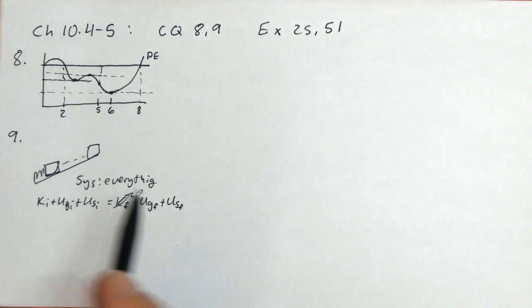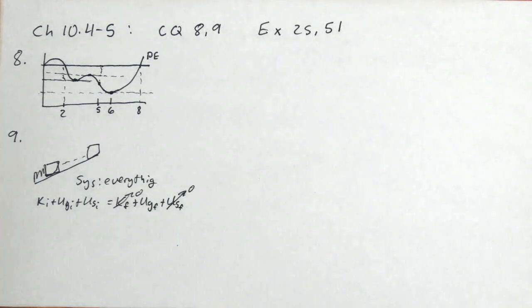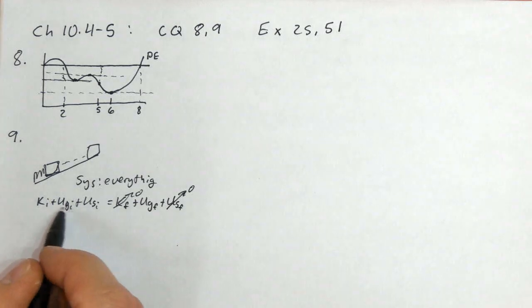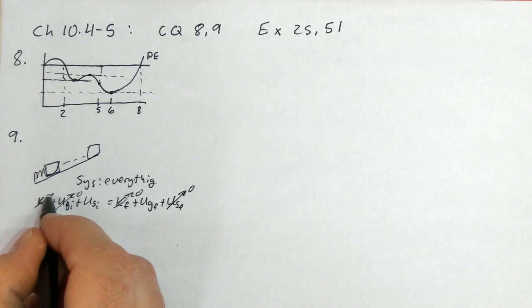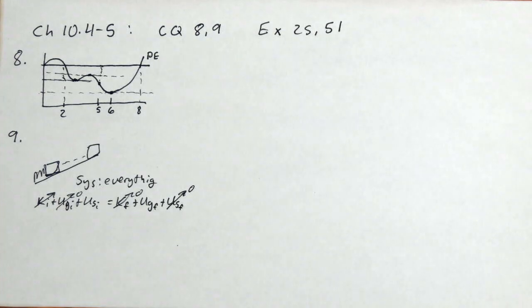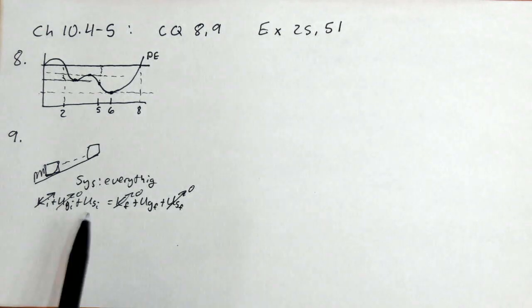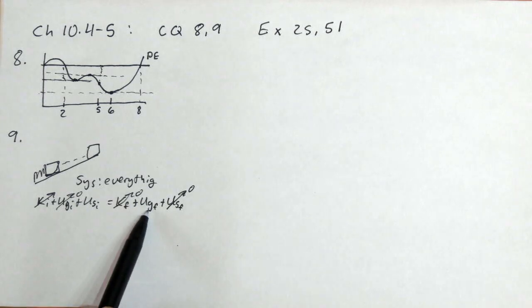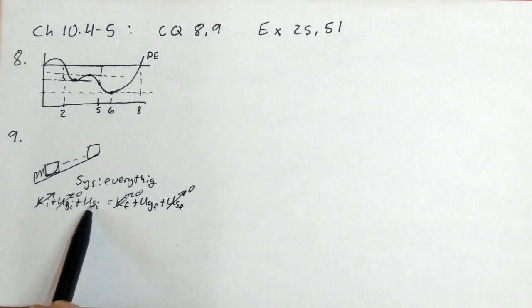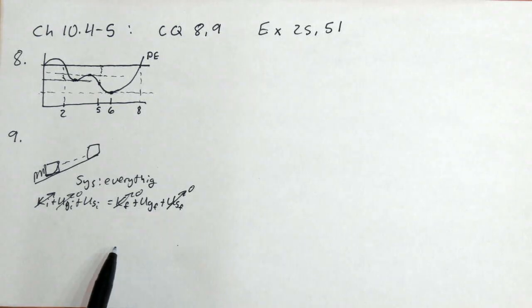When it's up there, the spring's not stretched anymore, so we have no US up there. When it starts down here, we can choose a coordinate system, so UG initial is 0. And it actually is at rest to start, while the spring is compressed at its maximum. So really all that happens is spring potential energy got transformed into gravitational potential energy, which we could find by how much it stretched and find out how high up it went.